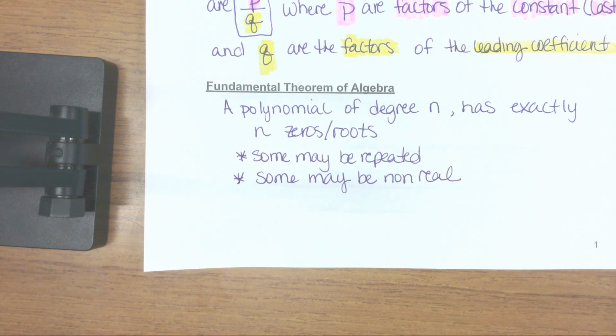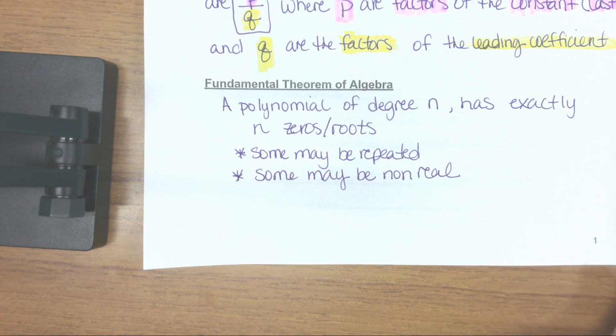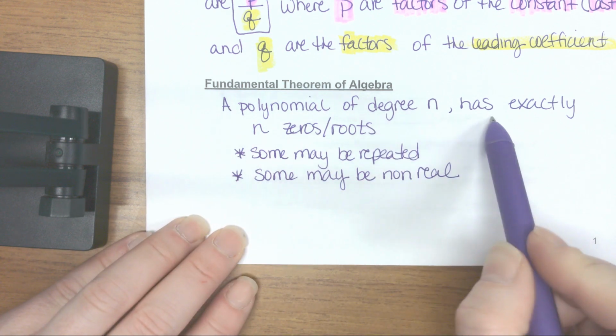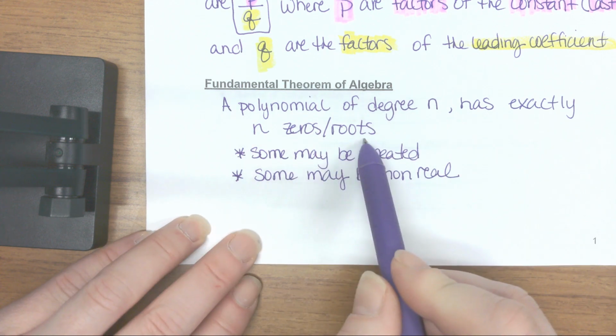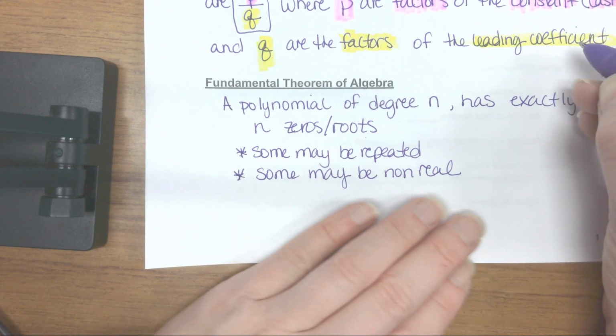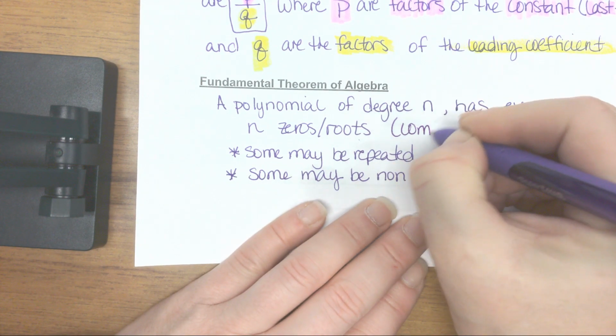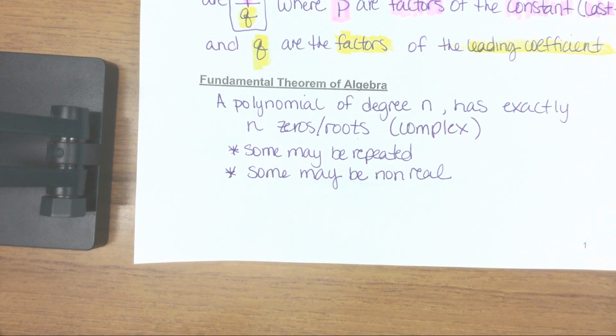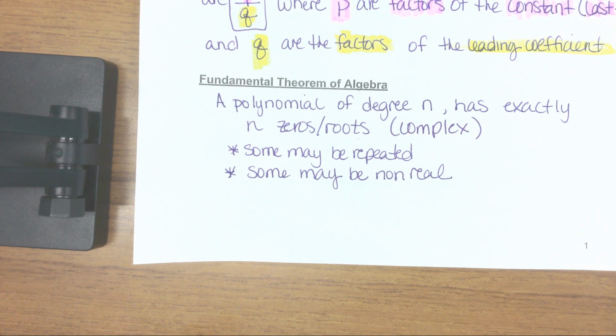Do you guys remember the word I gave for the kind of numbers that were all of the numbers, the real and the non-real? It started with a C? No? Complex? Okay. So when I'm saying a polynomial of degree n has exactly n zeros or roots, these are complex numbers. Okay. So complex numbers covers real and non-real together.